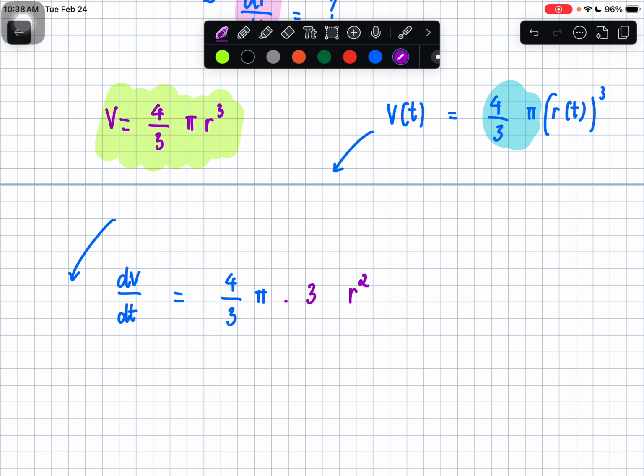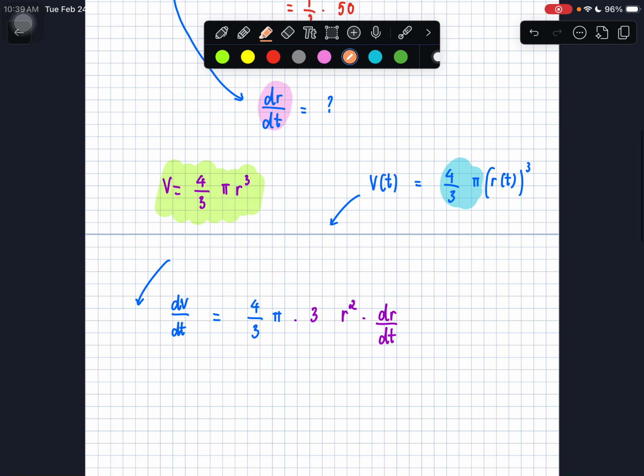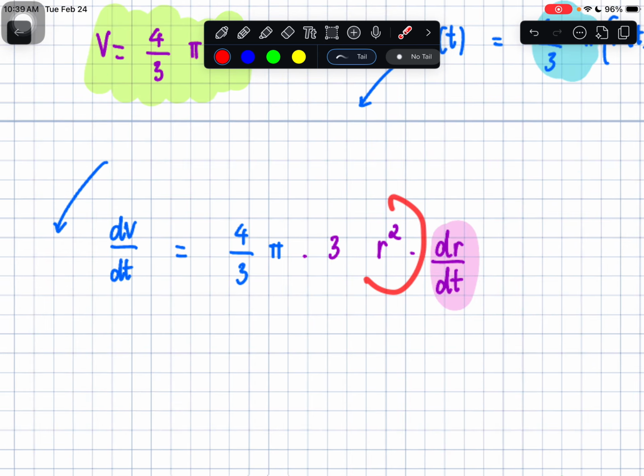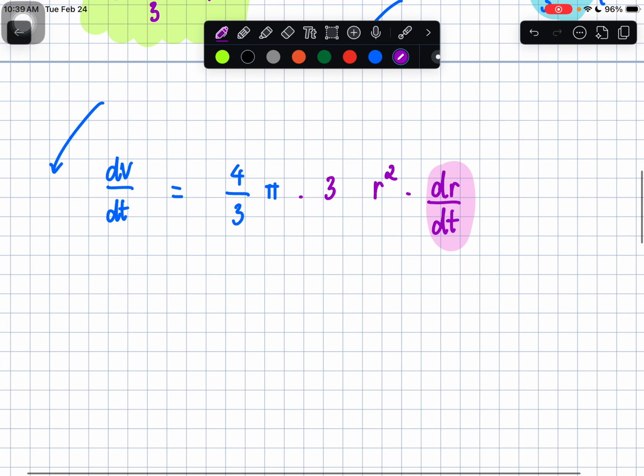I remove all the t. To make it simple, r squared times r prime, or dr over dt, because that's the answer we need to compute. That's why I write dr over dt. This is the term we need to compute, and the rest we know. You know dV over dt, which is 100. You know the radius, and therefore you can compute dr over dt.